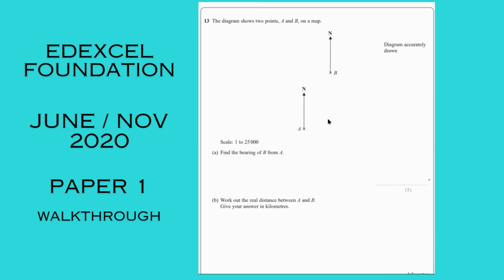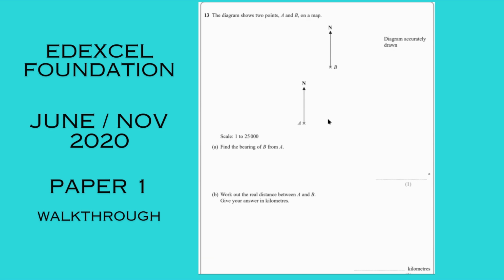On to bearings. Now you'll have to trust me on this. When you've got a bearings question, before I read anything, join them up. You might be the sort of person who makes that line even longer. It's entirely up to you. But find the bearing of B from A. From A means you're stood at A with your nose facing north and you turn clockwise.